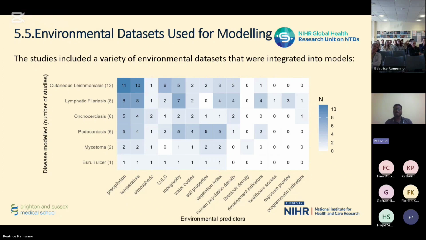In climatic variation, 8 studies used precipitation and temperature. The most used are precipitation, temperature, and atmospheric data, and lower use of health access.